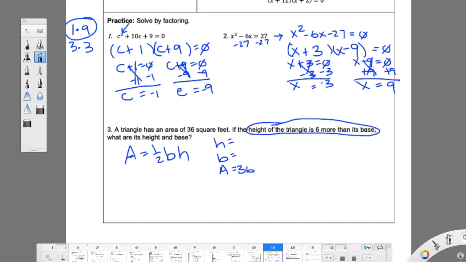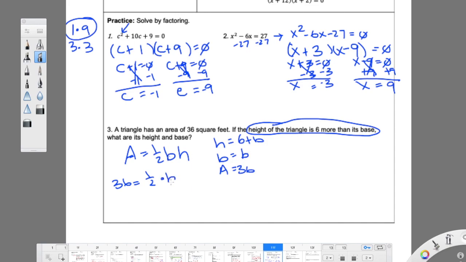Well, in this case, since we're using base to calculate height, we're just going to say base is b, and height is 6 plus b. So now we have our 3 pieces, and we can write an equation here. So instead of a, I'm going to write 36. Instead of b, well, I'm still going to write b, right, because that's still a b.